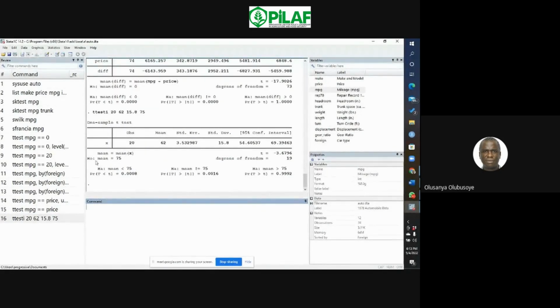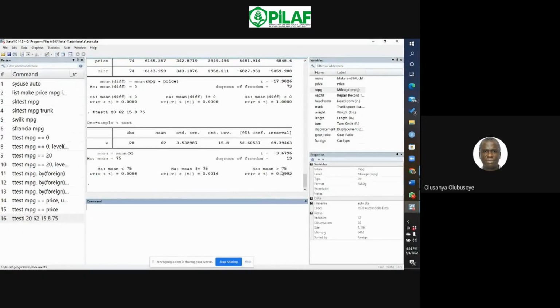So you can see this test is saying that the mean is equal to 75. If this is the alternative, that it is less than 75, then you are going to reject the null hypothesis. And if this is the alternative, it simply says it's not equal to 75, and still you are going to reject the null hypothesis.